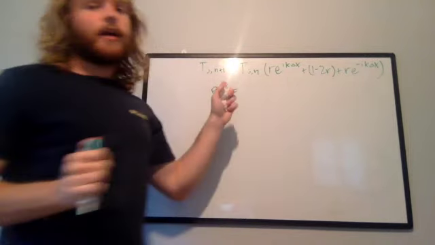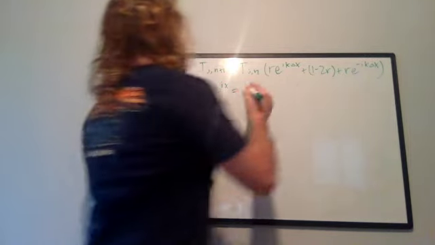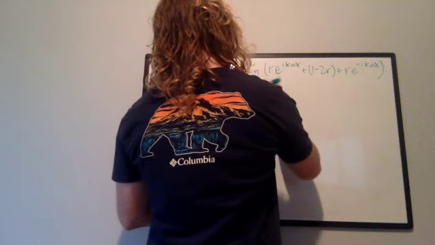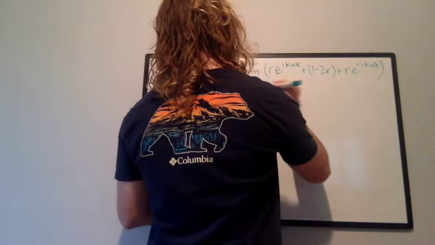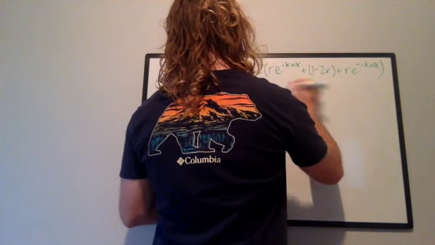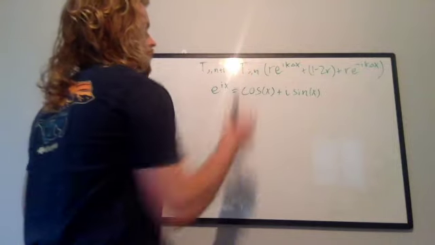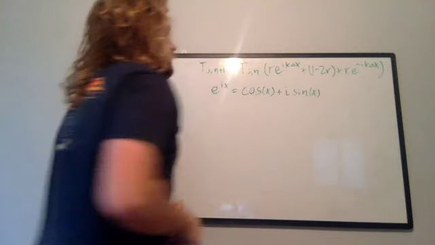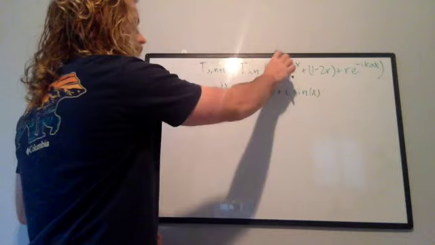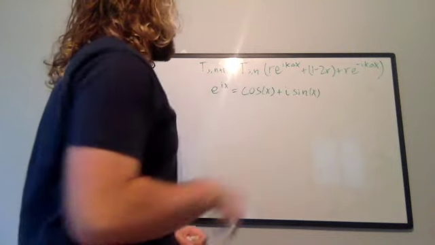So that is what this x is representing. And then this is going to be equal to cosine of x plus i times sine of x. And once again, this x within our trig functions over here is just the k delta x, because that is what is being multiplied by the i within the exponent.